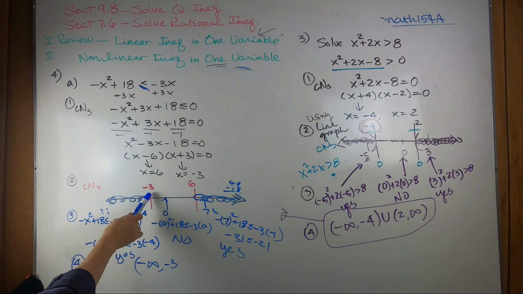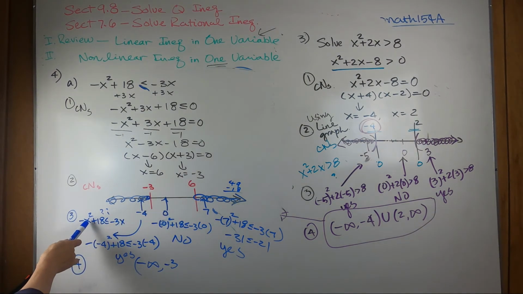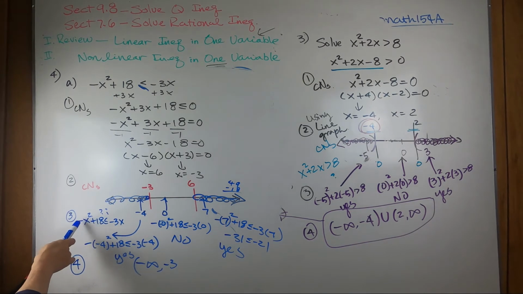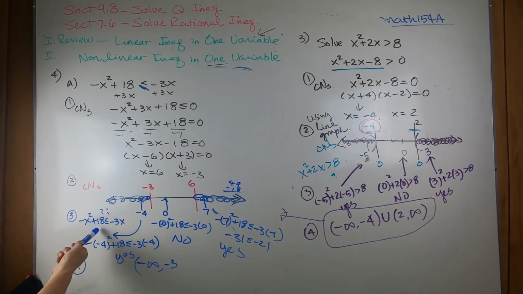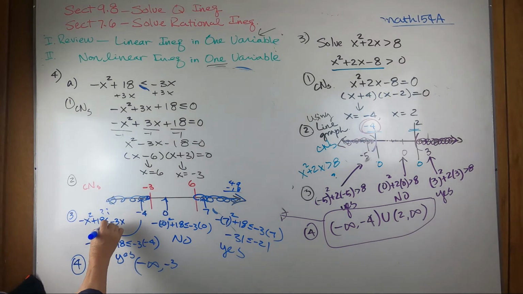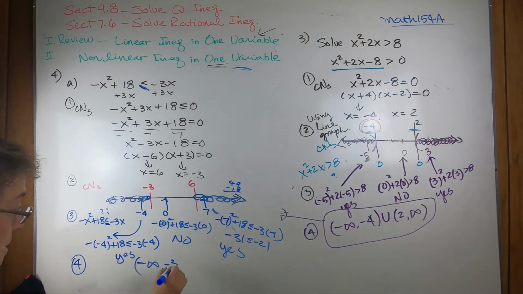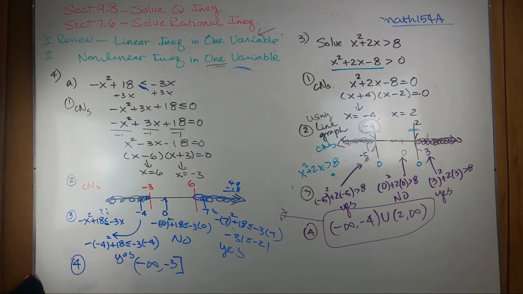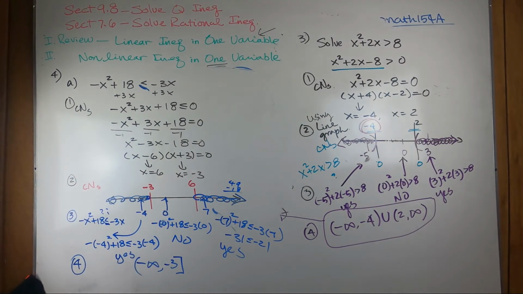If you plug in negative 3, negative 9 plus 18 is 9, and negative 3 times negative 3 is 9. So it's equal, the boundary condition, so you have to include the negative 3.